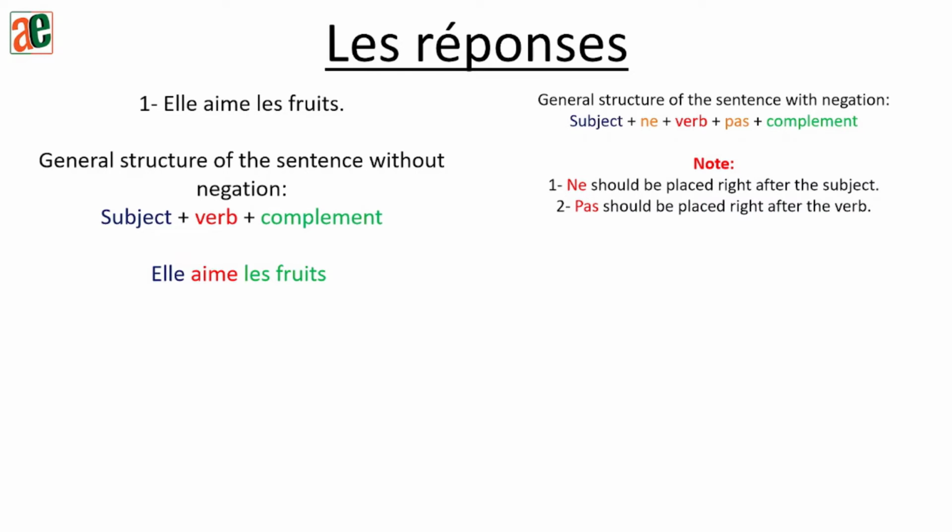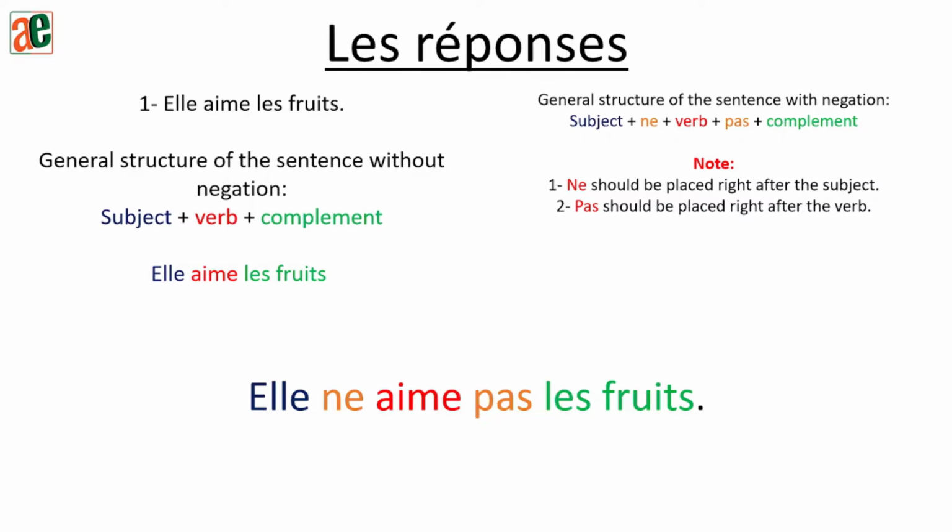Instead of thinking about putting ne before the verb, just think about putting ne right after the subject. This is very important. And pas should be placed right after the verb. Keep it in mind, very important: ne right after the subject, and pas right after the verb.